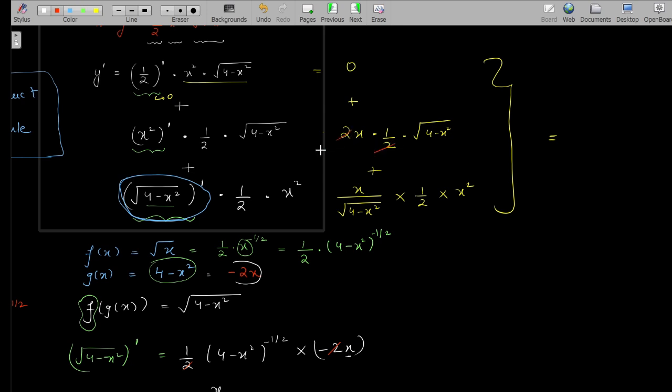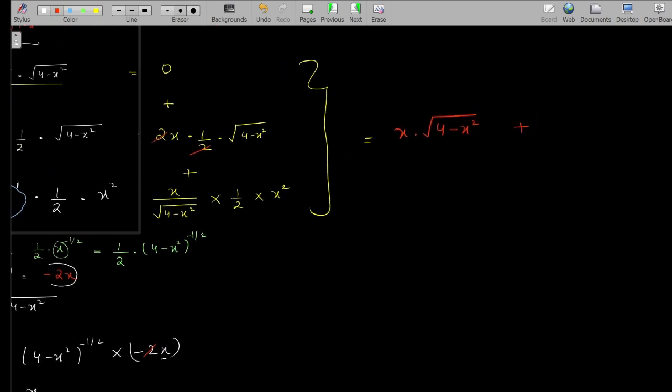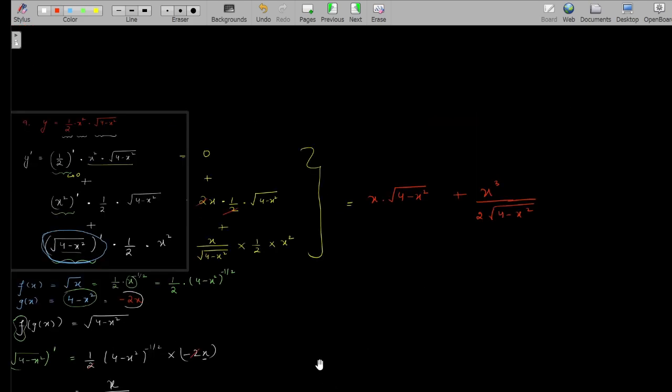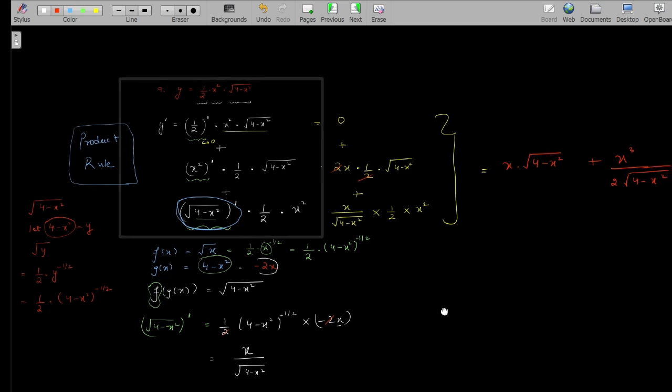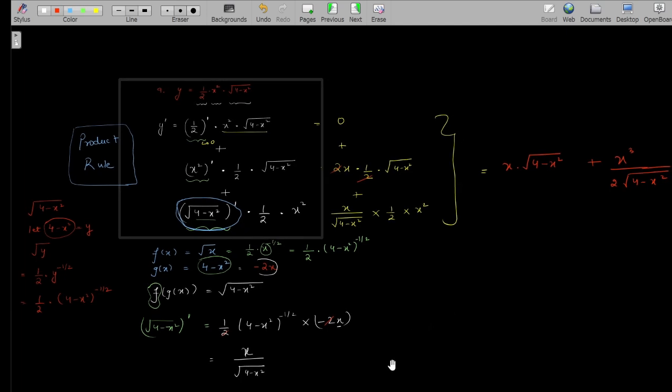This 2 and 2 get cancelled, and this 0 you can ignore, so x times square root of 4 minus x square plus, this is x times 1 times x square will be x cube over 2 times 4 minus x square. This will be the final answer. You can note it down.